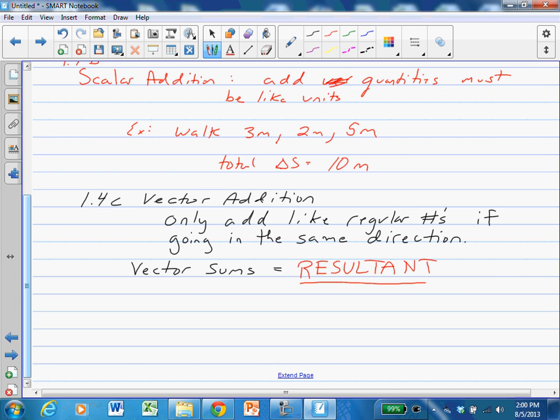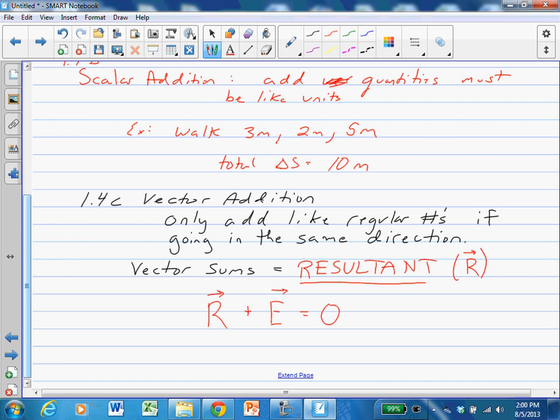Another useful idea in vector addition is also what's called the equilibriant, and this is what you would sum, where the resultant plus the equilibriant gives you 0. So if you had R, which is our resultant, and you sum the resultant plus the equilibriant E, you get 0.